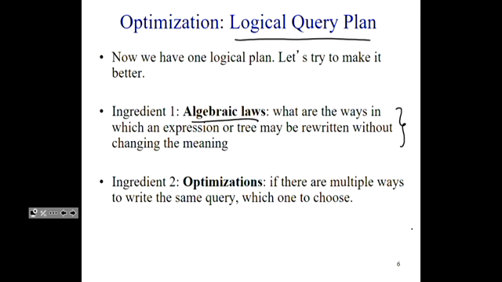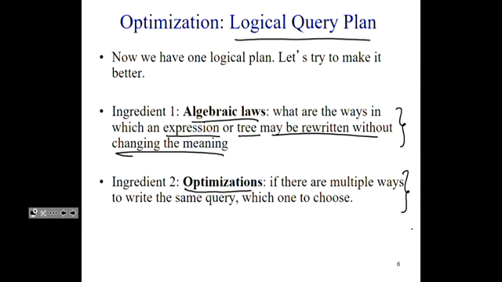These are the ways in which an expression or a relational algebra tree can be rewritten without changing the meaning. This gives us many alternate logical representations for the same initial expression that you started off with. And the second one is optimizations. If there are multiple ways to write the same query, which of those do we choose?